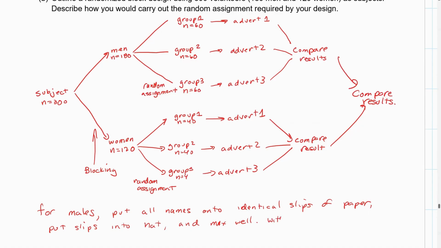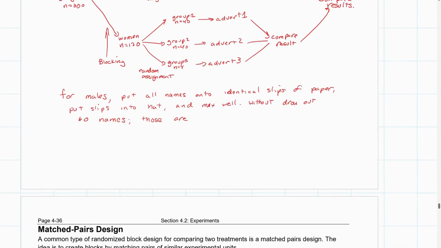Without looking, draw out 60 names. Those are assigned to group one.